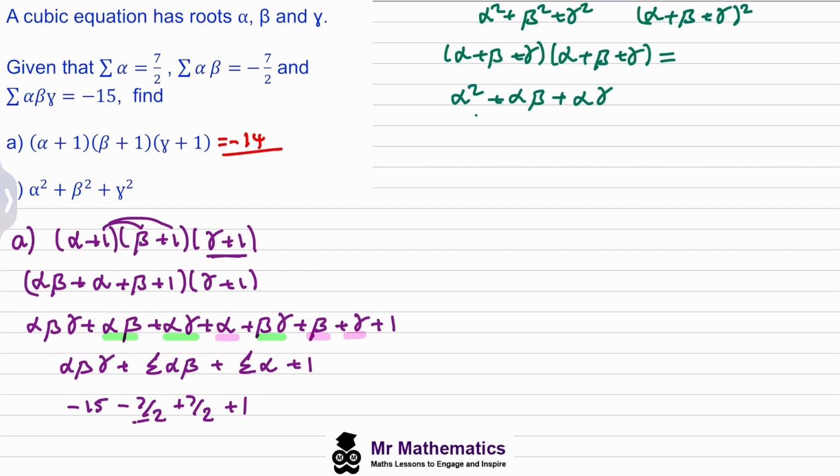Moving on to the beta term, we've got beta alpha, beta squared, beta gamma, and then gamma alpha, gamma beta, gamma squared.